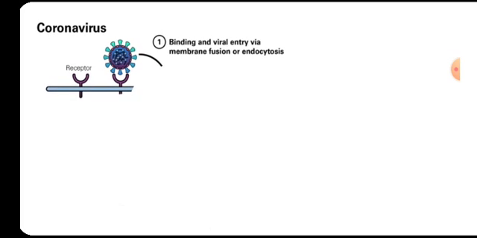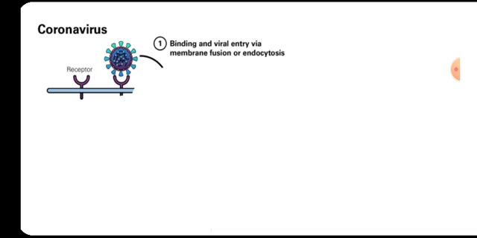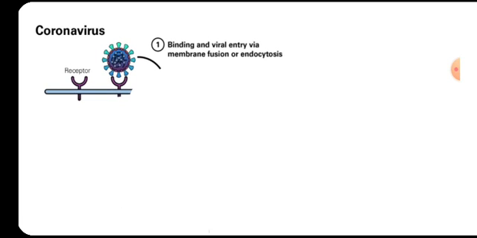We have already seen the structure of the coronavirus. The blue plate that you are seeing is the surface of a cell, for example an alveolar epithelial cell, or the host cell.